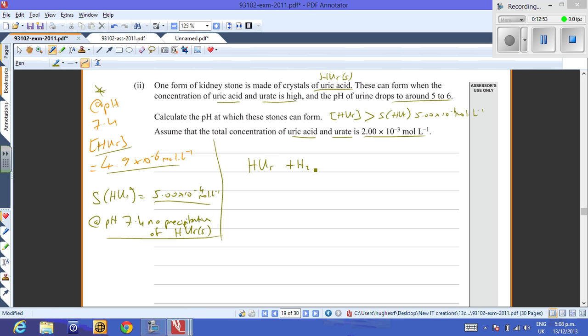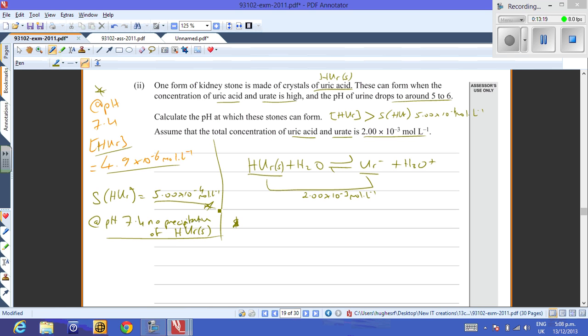We're talking about the dissociation of uric acid in water to form urate ions plus hydronium ions. The total concentration we're saying here is 2.00 by 10 to the minus 3 moles per liter. And the solubility of uric acid, we've just said, is right here beside us.